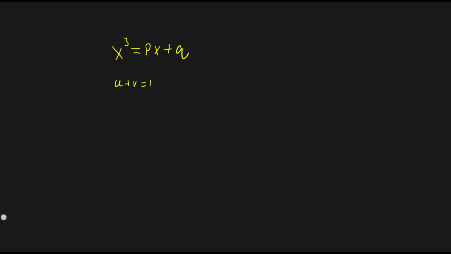Actually, no, it's q, because d is a constant in the original cubic. And u times v should be equal to p cubed over 27, since we already looked over this. But this time, instead of a negative, we have a positive sign, which is telling us that we're going to be solving for this cubic.